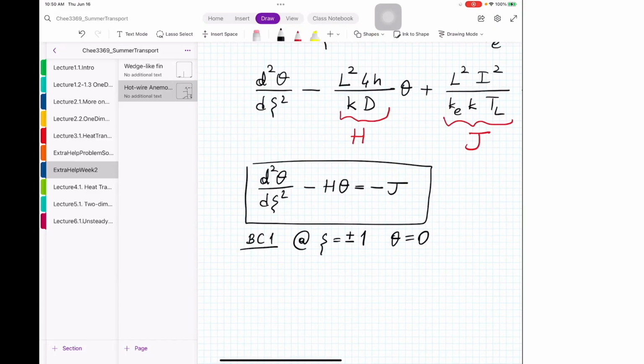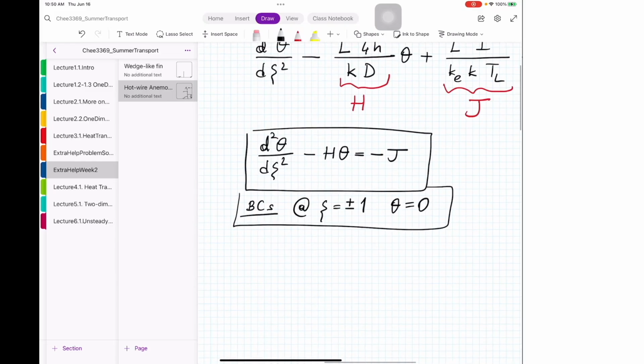So this is both the first and the second boundary condition. Let's call it boundary conditions. So we non-dimensionalized both the governing differential equation and also the boundary conditions.